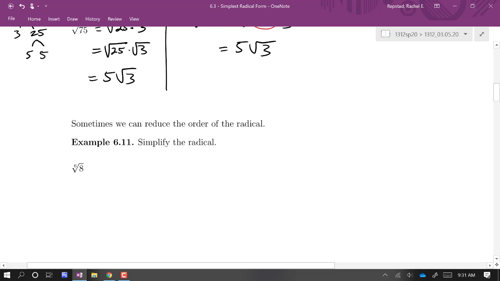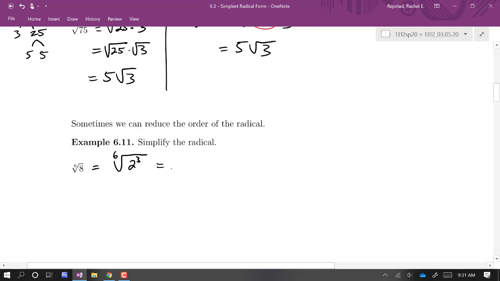Okay. So now we want to simplify this radical, the 6th root of 8. There's no 6th powers in 8, so you might be like, well, isn't that already simplified? So when we're simplifying a radical, we want to take out perfect powers, but we also, if possible, want to reduce the order of the radical, or the index of the radical. So this is a 6th root. 8 does factor, right? It's 2 cubed. So this is the 6th root of 2 cubed.